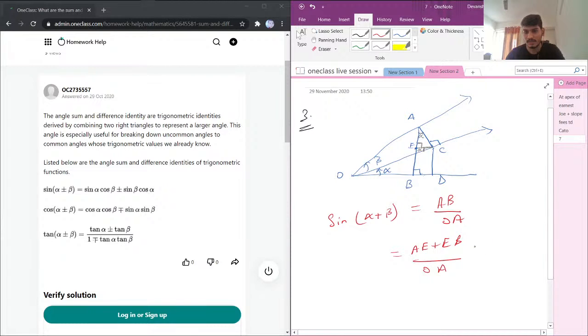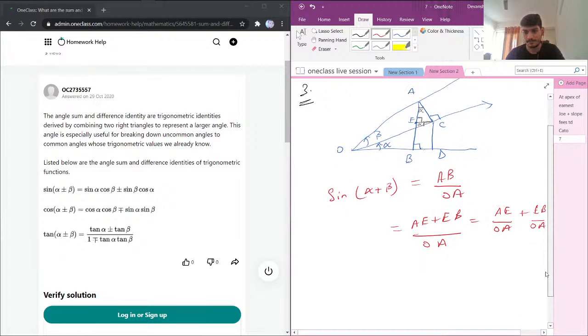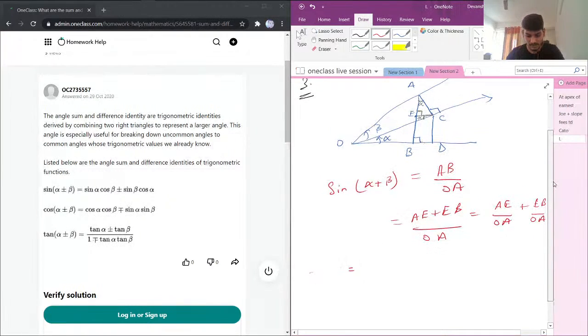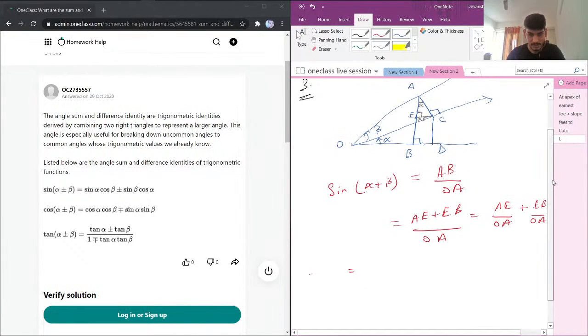Now I can separate this fraction also. So it will be AE over OA plus EB over OA. Now, for this one, for AE, I will just multiply and divide with AC.